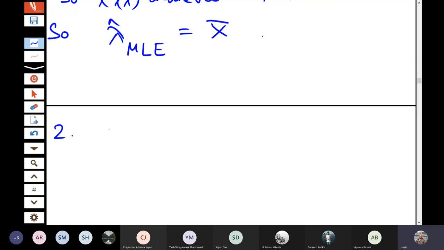Let us take another example. Say x1, x2, ..., xn is a random sample from normal (mu, sigma square). So there are two parameters here, and let us consider the likelihood function.